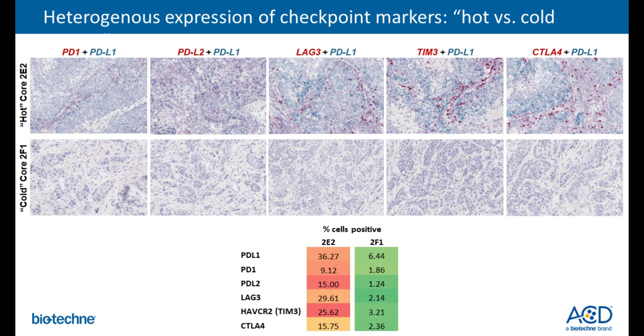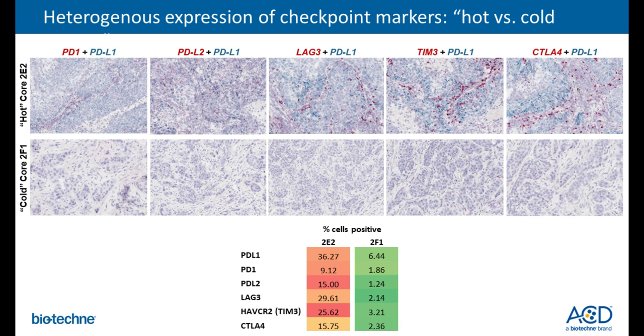Next, I want to show you an example of how we were able to compare the differential expression of some of these immune targets between two lung cancer tumors. From our TMA core of lung tumors, we are focusing on core number 2E2 and comparing it to core number 2F1.